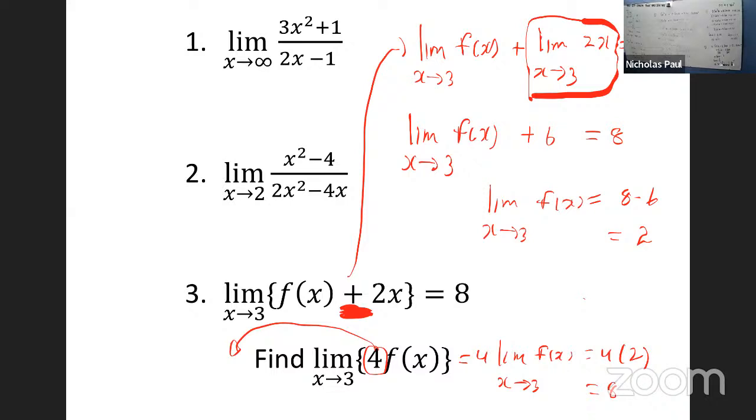So the answer is plug in 4 by 2 and you get 8. Calculating the limits, we have to write the limit of 2x. Then multiply everything by 4.